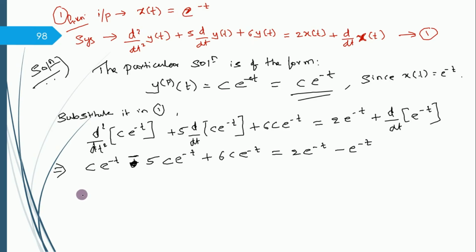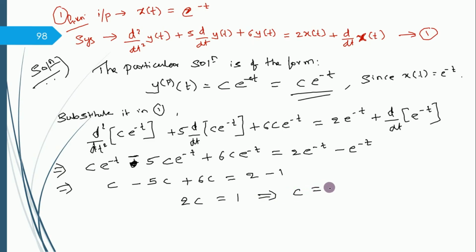What I get: c minus 5c plus 6c equal to 2 minus 1. Very simple. c minus 5c is minus 4c, minus 4c plus 6c is 2c, equal to 1. So c is equal to 1 by 2.